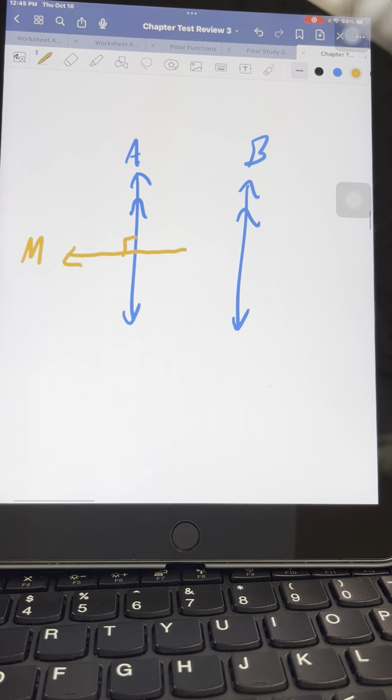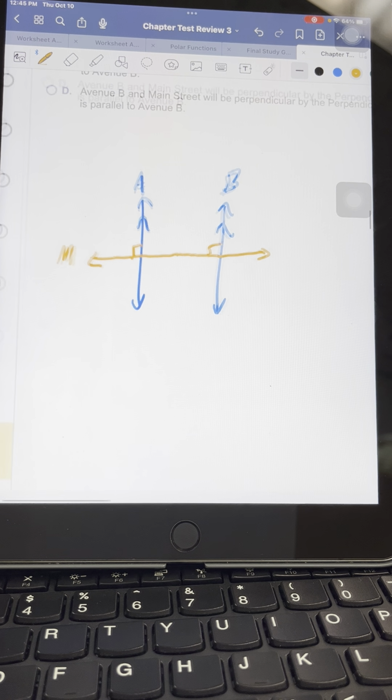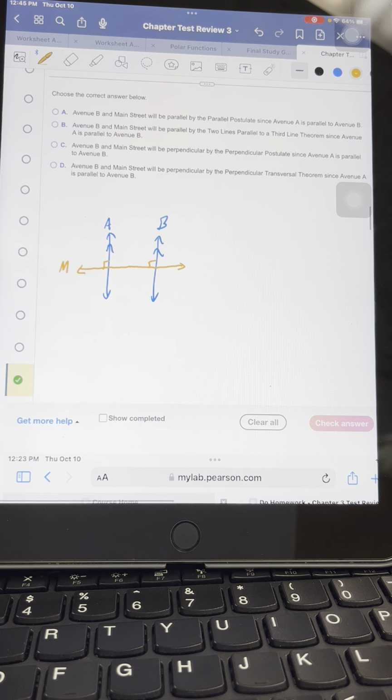And now it's asking us, if we know that A and B are parallel, and M intersects A at a 90 degree angle, what do you guys think the relationship between M and B is? Well, we know it's going to be another right angle, correct?